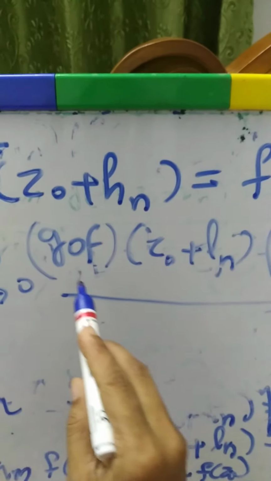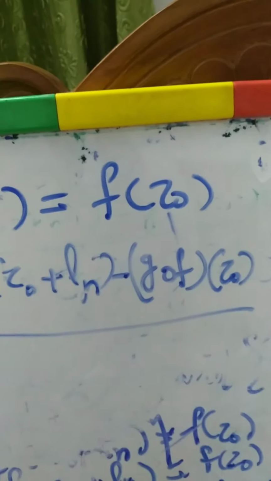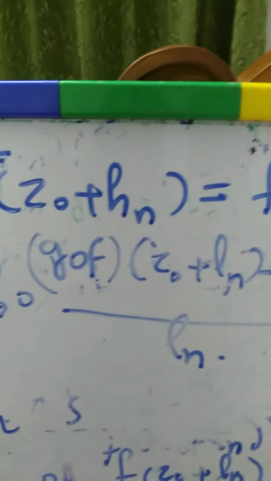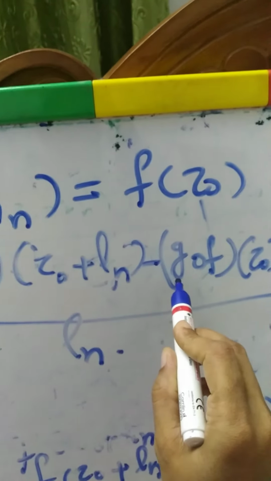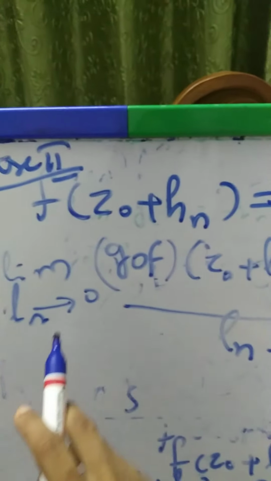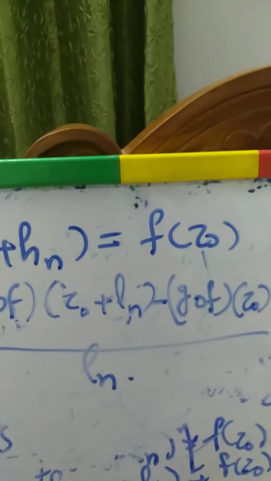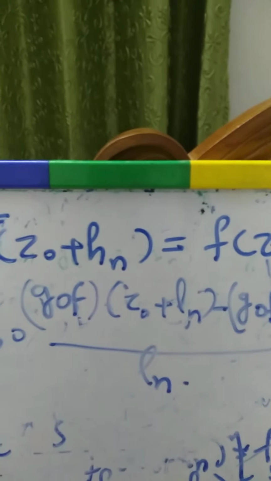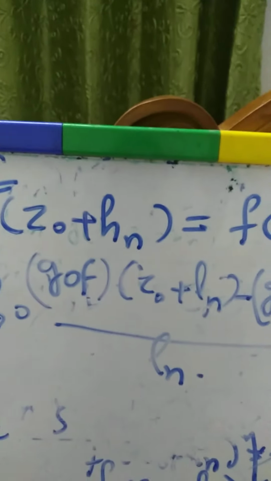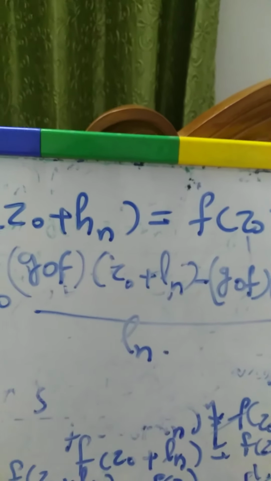Limit l_n tends to 0 of g∘f(z naught + l_n) minus g∘f(z naught) divided by l_n. What is this? g of f(z naught + l_n) minus g of f(z naught) divided by l_n.